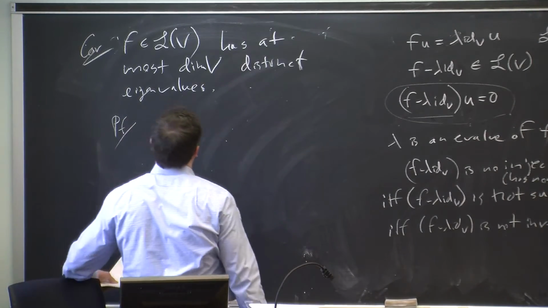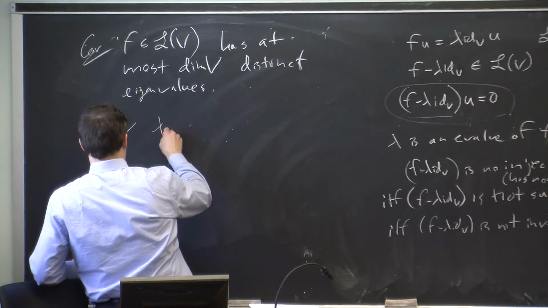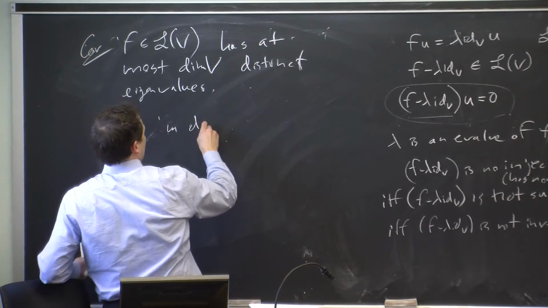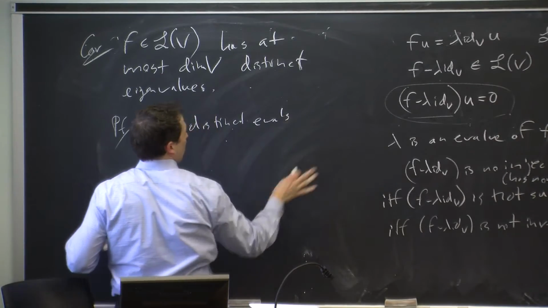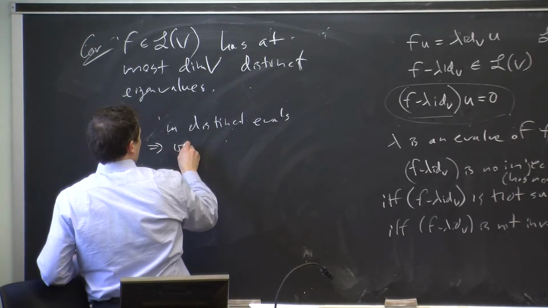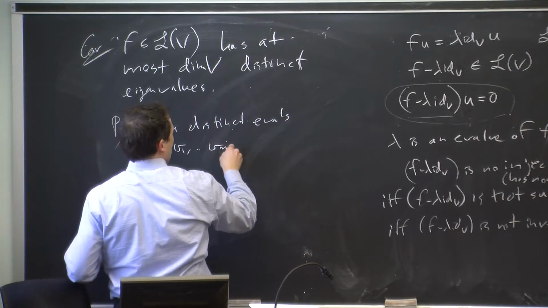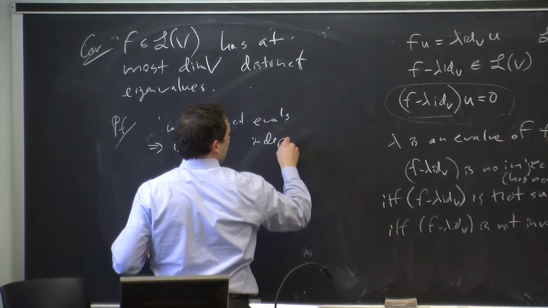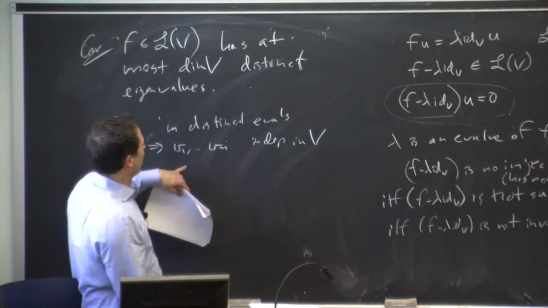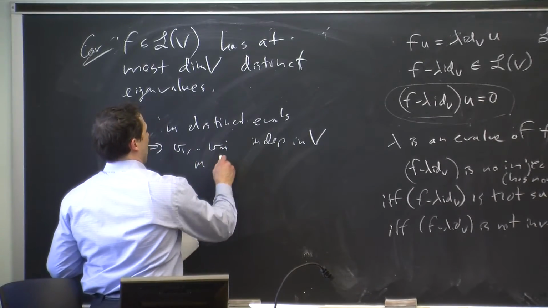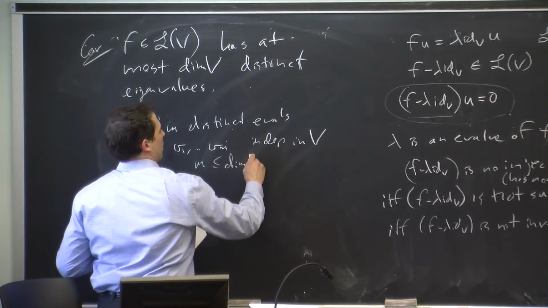Proof. Well, suppose it has m distinct eigenvalues. By the theorem, there exist v1 up to vm independent in V. But because the length of an independent list is bounded by the dimension, it must be that m is less than or equal to dim V.